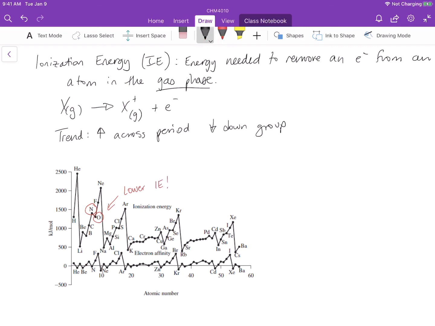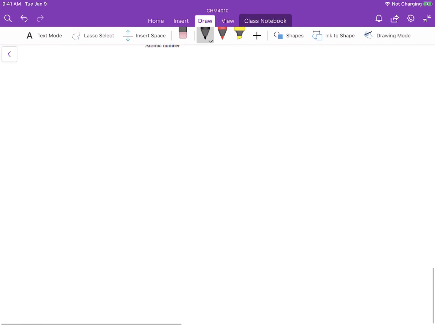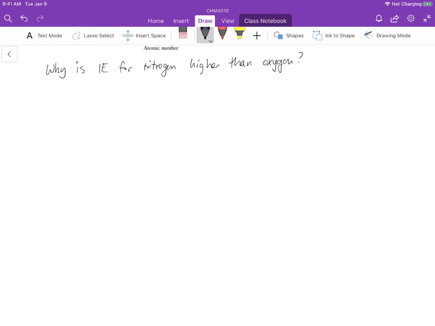So the question is why? Why is the ionization energy for nitrogen higher than oxygen? Again, try to rationalize this yourself using the repulsion and the exchange trends we talked about.